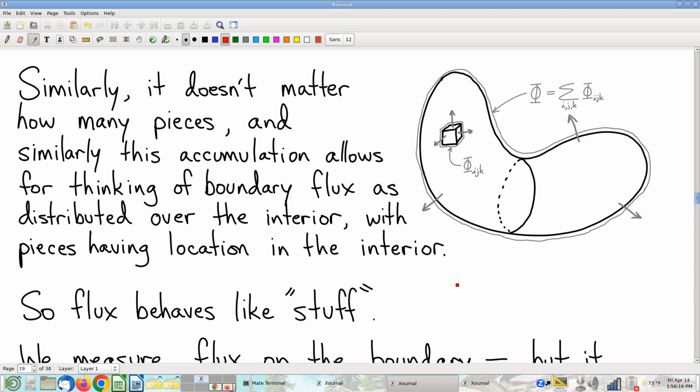So I'm going to make the case again that boundary flux, which we just got through observing is an accumulating quantity, can be viewed as stuff distributed over the interior. Now, again, that's straining credulity because flux is computed on surfaces.